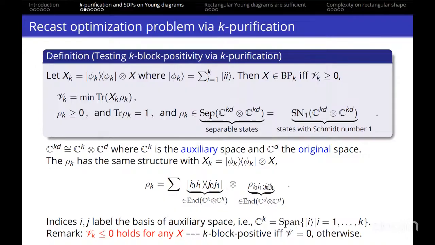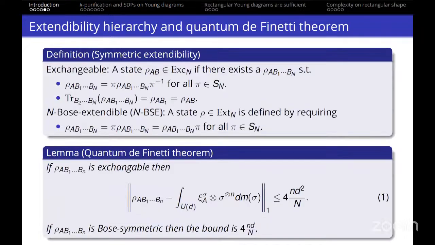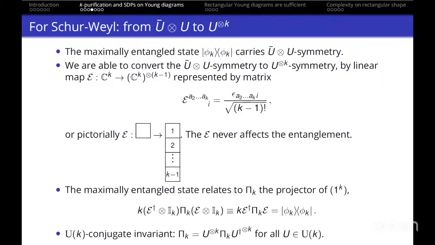Because I introduced some Alice's space by tensor product with this maximally entangled state, the k-dimensional maximally entangled state. And in this sense, you can convert the k-block positivity problem to the one block positivity problem, because... Please do not move. I'm confused.